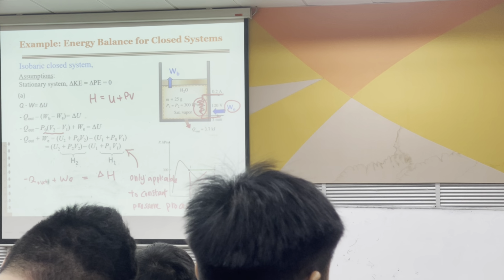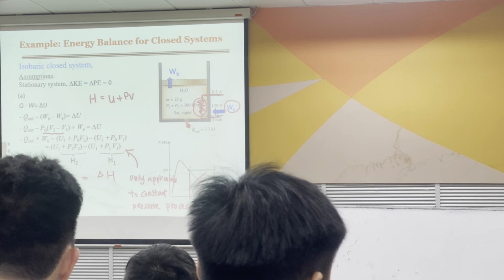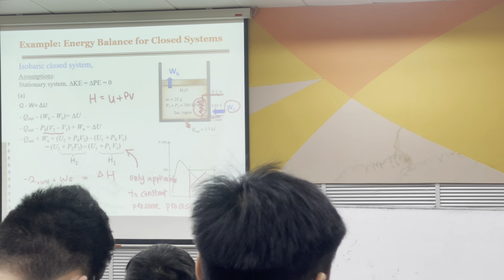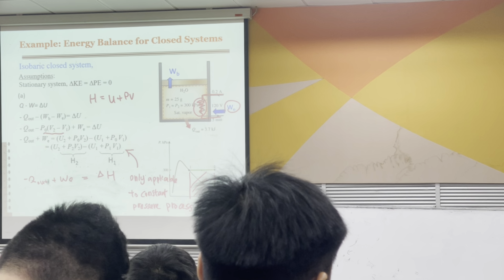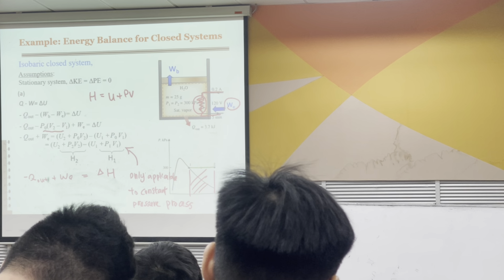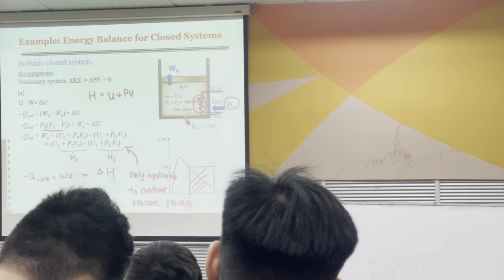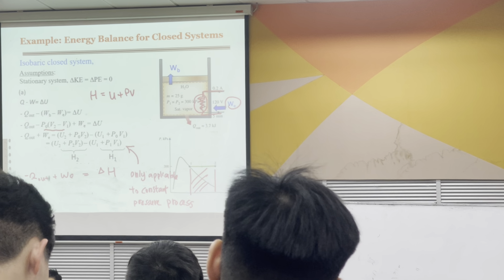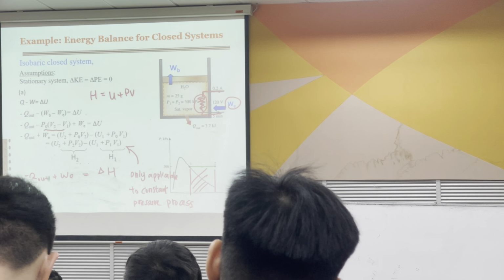So U plus PV equals H. This is only applicable for constant pressure process. In short, if the question doesn't ask you to look for boundary work, you can just move it over, then use delta H to find whatever the question asks for.